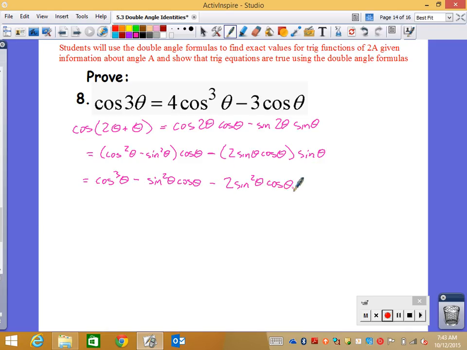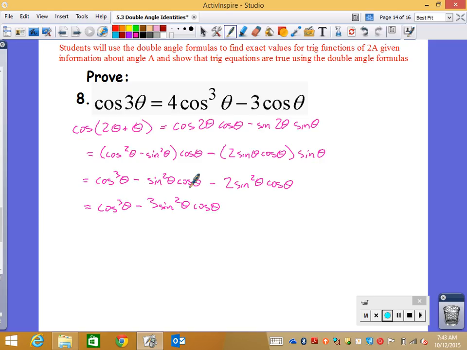Just distributing that sine theta in. Now I have a minus 1 sine squared theta cosine theta minus 2 sine squared theta cosine theta. So I have minus 3 of them. So this becomes cosine cubed of theta minus 3 sine squared theta cosine theta. That's just combining my like terms.